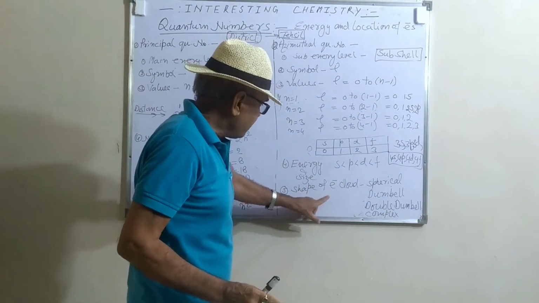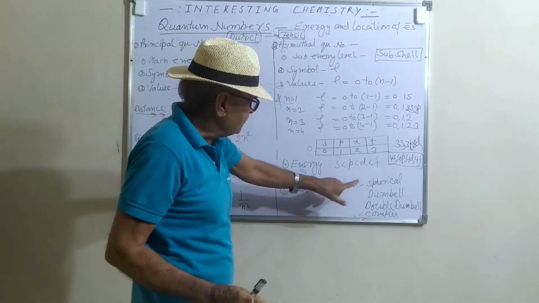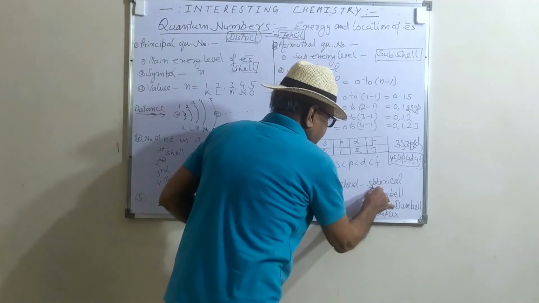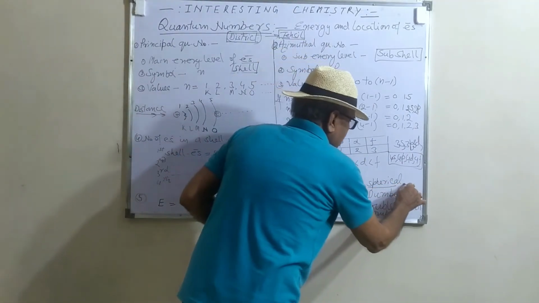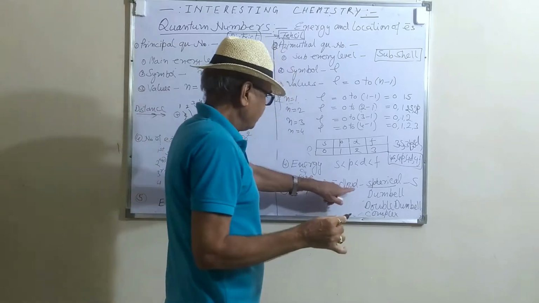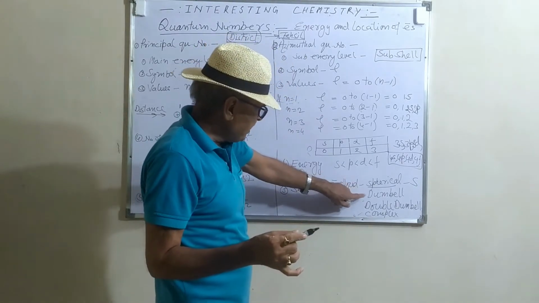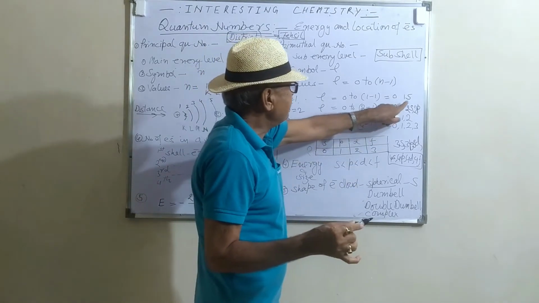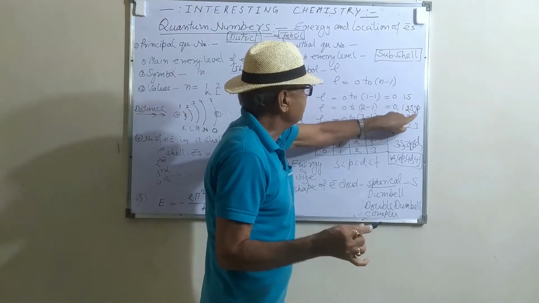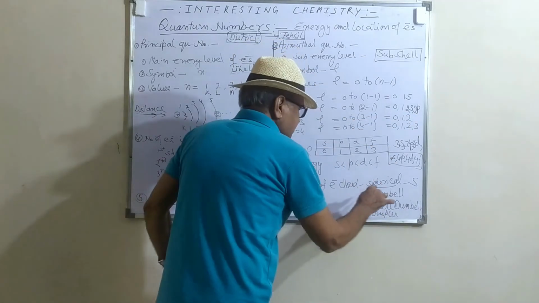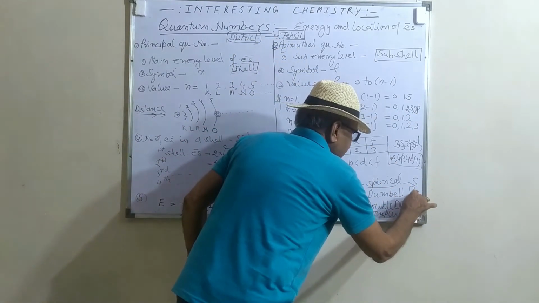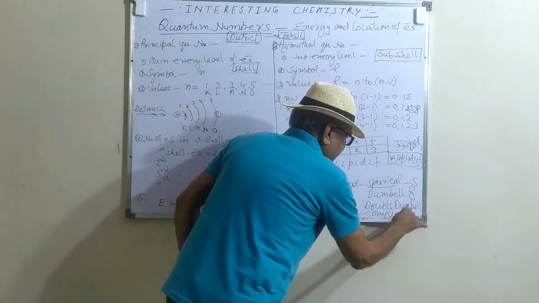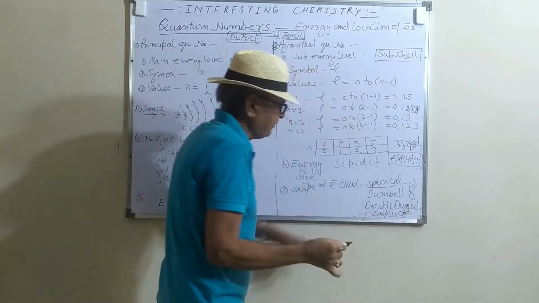Here the shape of the electron cloud of s is spherical. The shape of p is dumbbell shape, it is like a double dumbbell. So you can write here that double dumbbell is in this way.